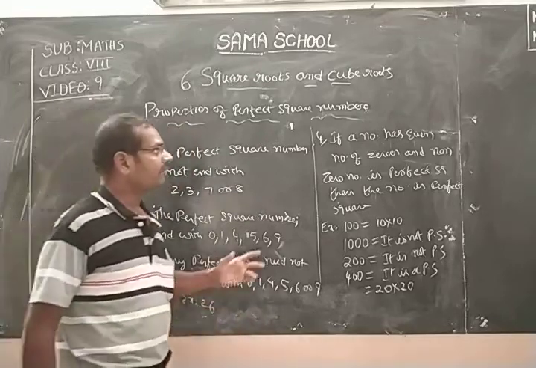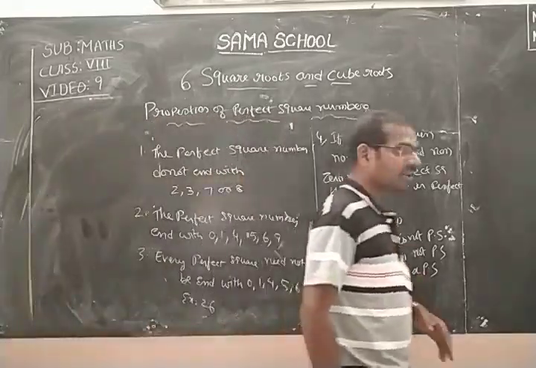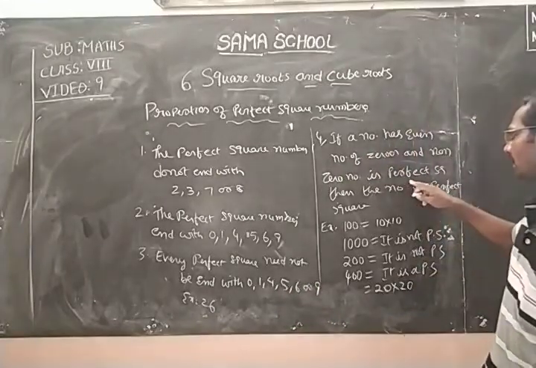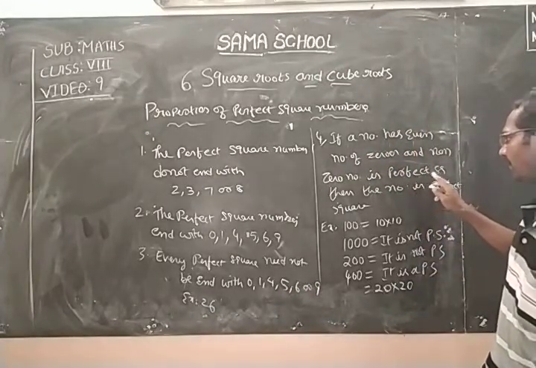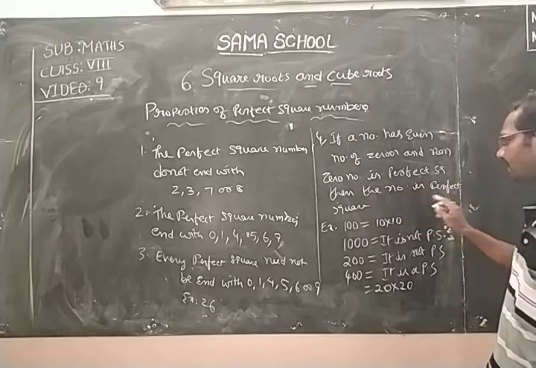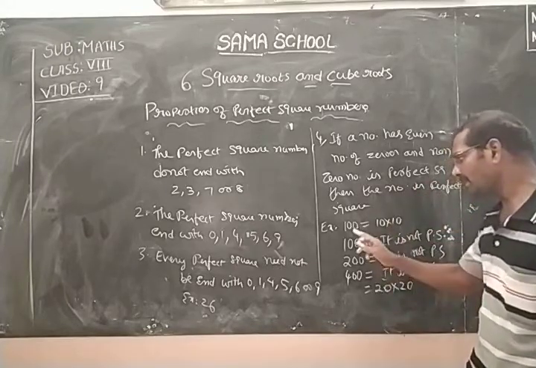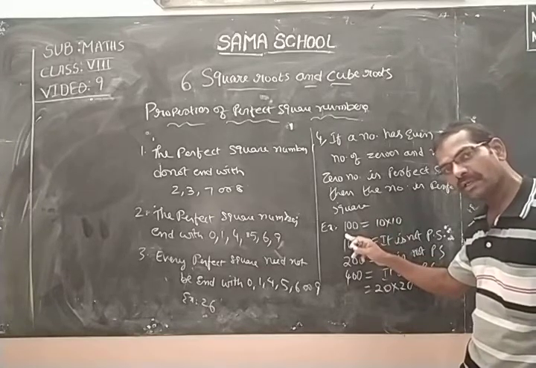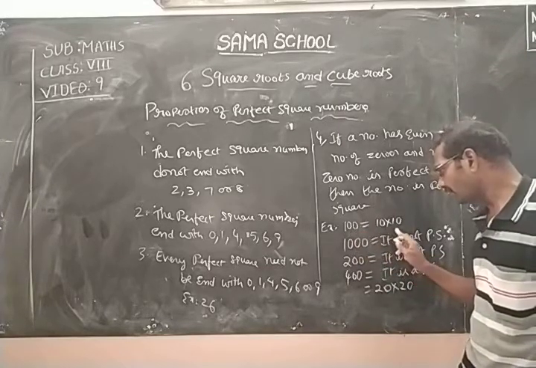And this one is also very important: every number ending with 0, 1, 4, 5, 6 or 9 need not be a perfect square. And if a number has an even number of zeros and the non-zero number is a perfect square, then the number is a perfect square. Non-zero number means 1 here. 1 is a perfect square, and an even number of zeros are there. So it is a perfect square.